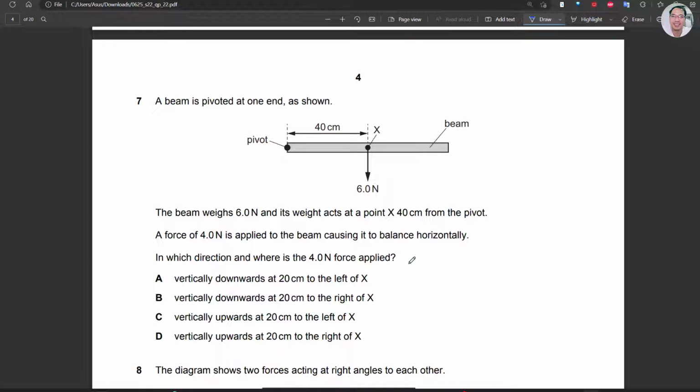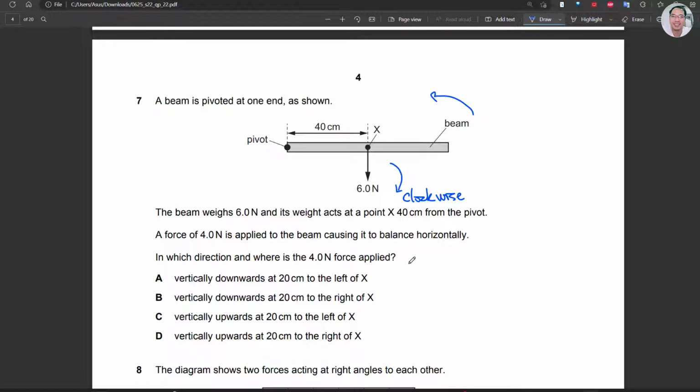I think it's... wait, no. It's the left of... Oh wait, no. The 6 N force, the weight, will generate a moment in the clockwise direction. So we need another anti-clockwise moment to cancel out this clockwise moment.